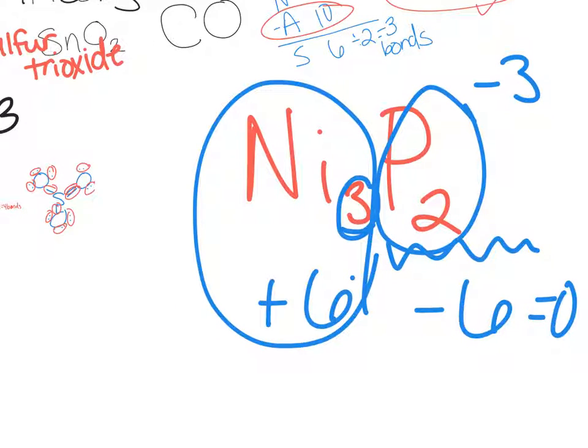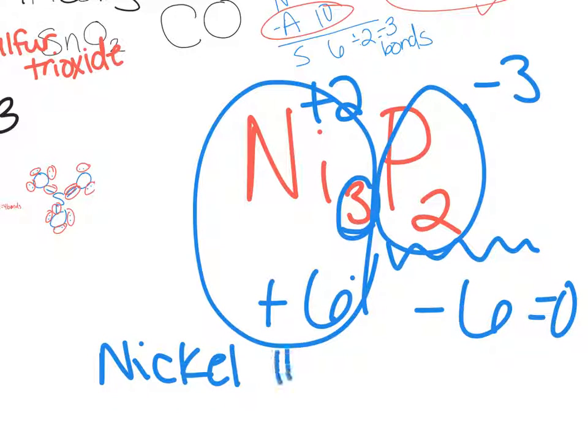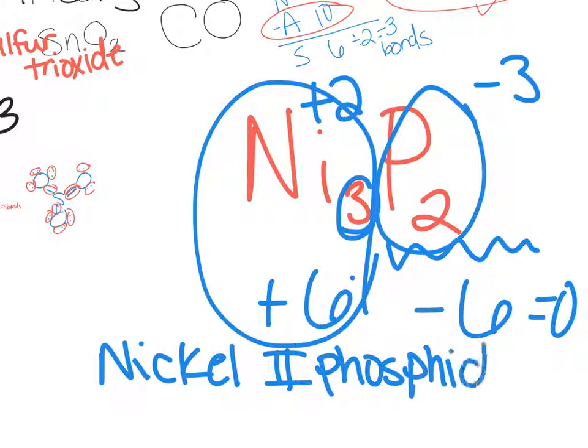What is each one of them? +2. You do 6 divided by 3 equals 2. So this would actually be called nickel 2 phosphide. Not phosphate. Nope, phosphide. Phosphate is a polyatomic. We do not want to confuse that.